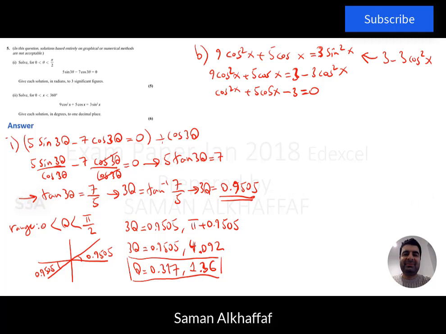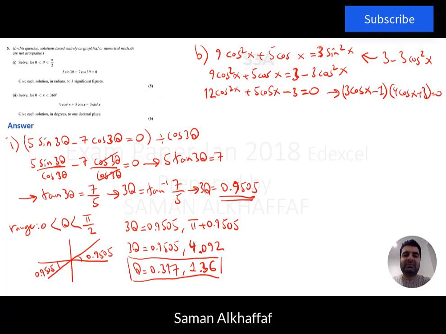So now we can factorise, which gives us 3 cosine x minus 1, and the second bracket will be 4 cosine x plus 3 equal 0.